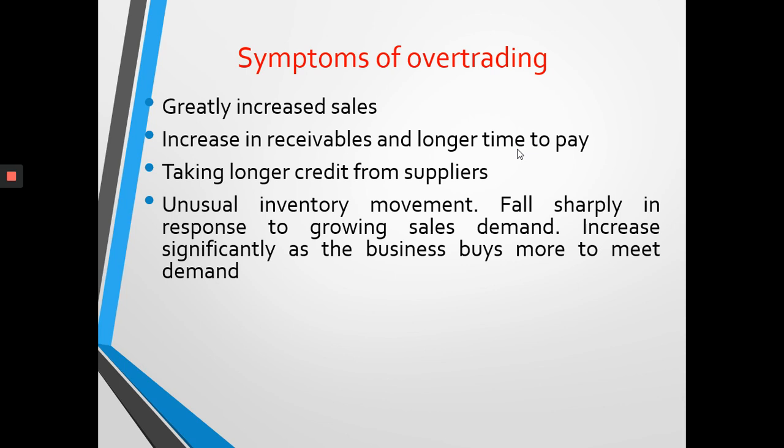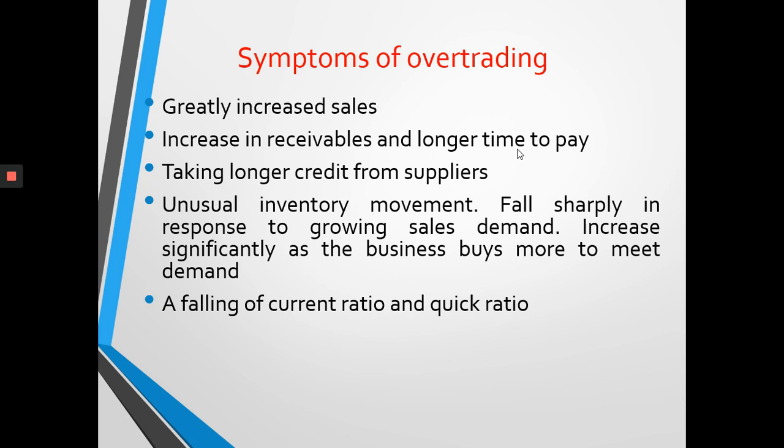Unusual inventory movement: it falls sharply as it responds to growing sales demand, and increases significantly as the business buys more. It means suddenly your inventory level dropped to almost zero. Then when you buy new inventories, it increases sharply, let's say to 80% or 100% of capacity. So that is the unusual inventory movement, which falls sharply and increases sharply.